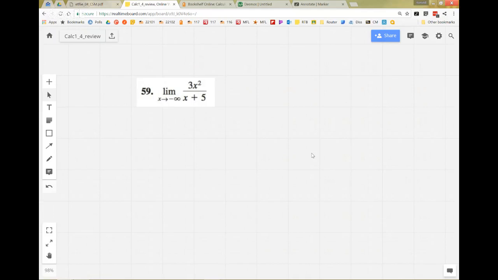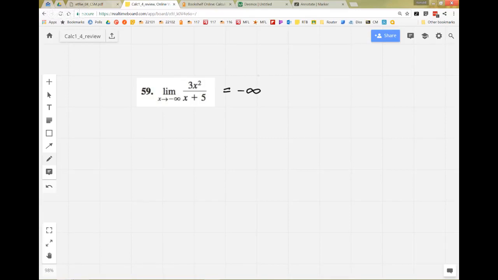Well, you notice the numerator is going to win because it has a higher power, to the second power, as opposed to the bottom. So this is going to go to some kind of infinity. So let's just check what happens on the top. When you take a negative large number and square it, the top's going to turn out to be positive. On the bottom, when you take a negative large number, it's going to be negative, and a positive divided by a negative is a negative. Therefore, just based on that analysis, it's going to approach a negative infinity.